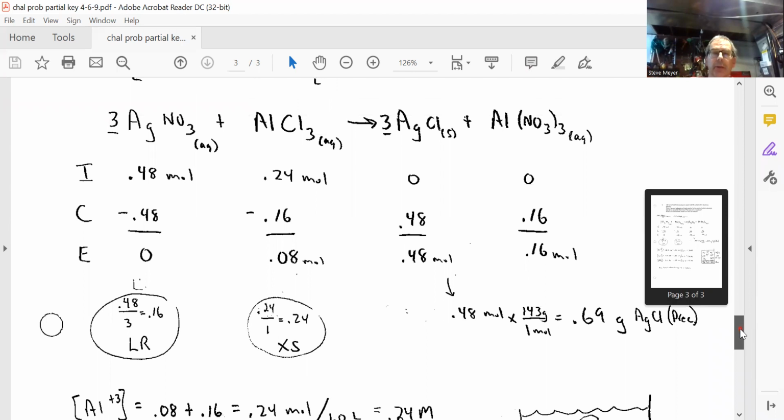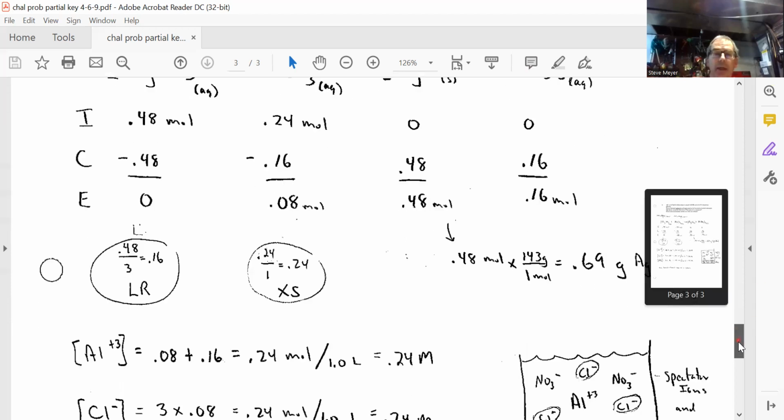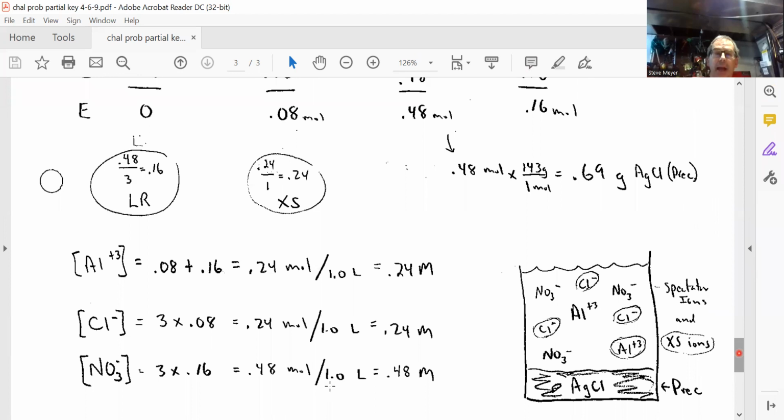Okay, so the last thing is, we've taken care of our aluminum, we've taken care of our chloride, we know there's none of this, this is all sunk to the bottom. We talked about the aluminum from here. What about the nitrate? Oh, the concentration is 0.16, but again, we have the triple decker ice cream cone effect, so we got to take 0.16 times 3, that balancer, and I say that is 0.48 divided by the total liters of 1, and I get 0.48 molarity.